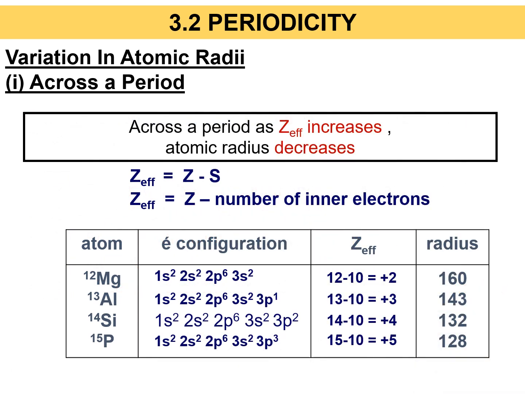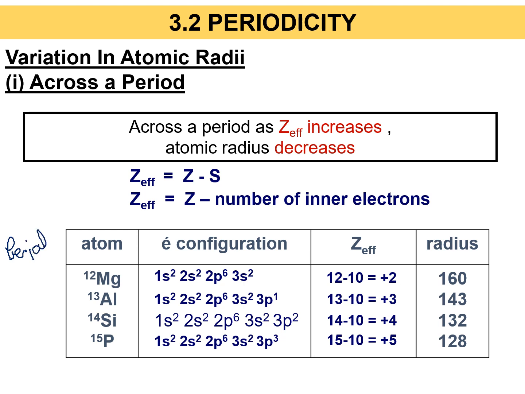So, if let's say you tak percaya kan, you pun nak buatlah calculation ZEF ni across the period. Kenapa ZEF ni increase ke and atomic radius decrease. So, you boleh buat mathematically. You know that ZEF is equal to Z minus S. Z adalah proton number, S adalah number of inner electrons. So, untuk kira ZEF, contohnya if given period yang ketiga.